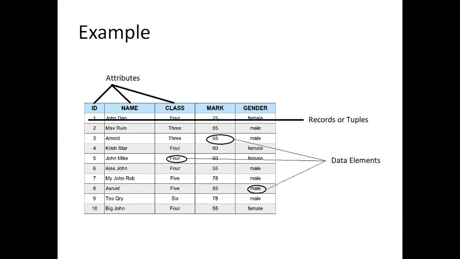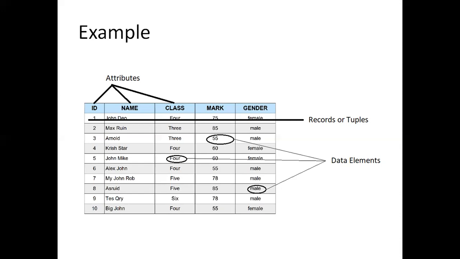We can set these fields according to our requirement. We can add new fields in this table, like date of birth, date of admission, fee. Marks is already here, we can enter more marks. So this is the column or attribute of the table.